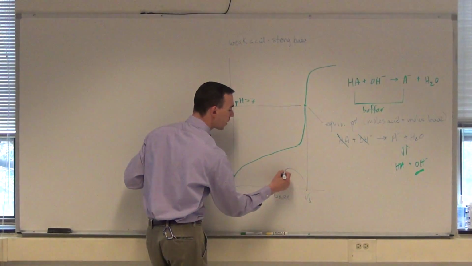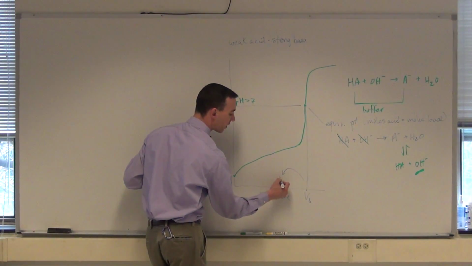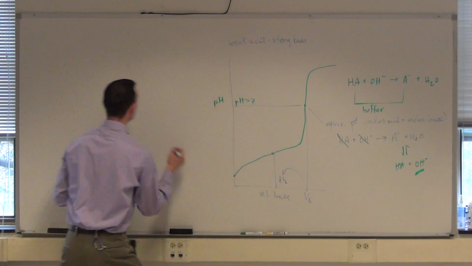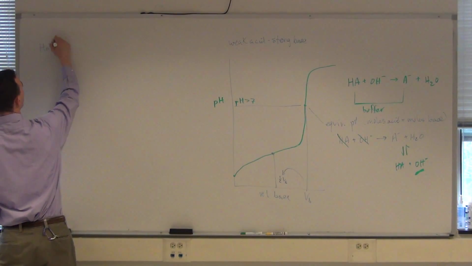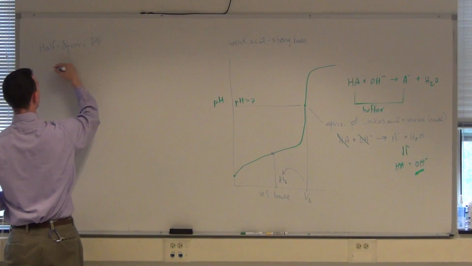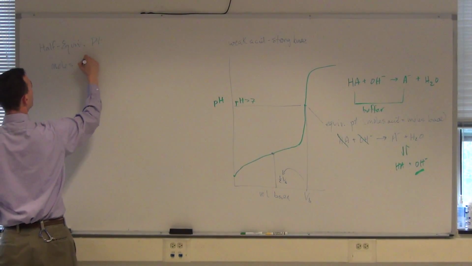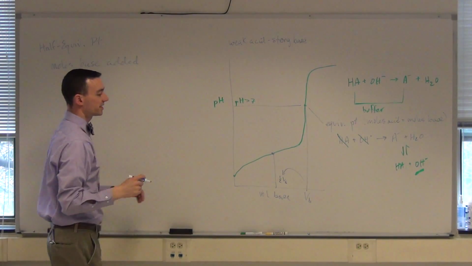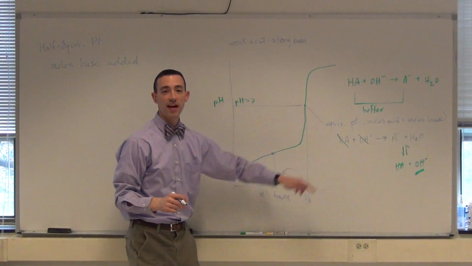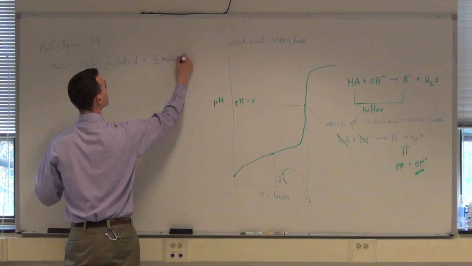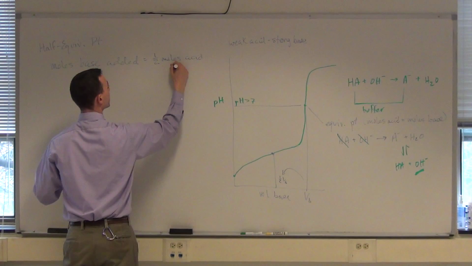But if I went backwards to half of that volume, okay? That's what we call the half equivalence point. At this point, the moles of base added, well, it's not totally equal to the moles of acid present. It's only 1/2 the moles of acid present.